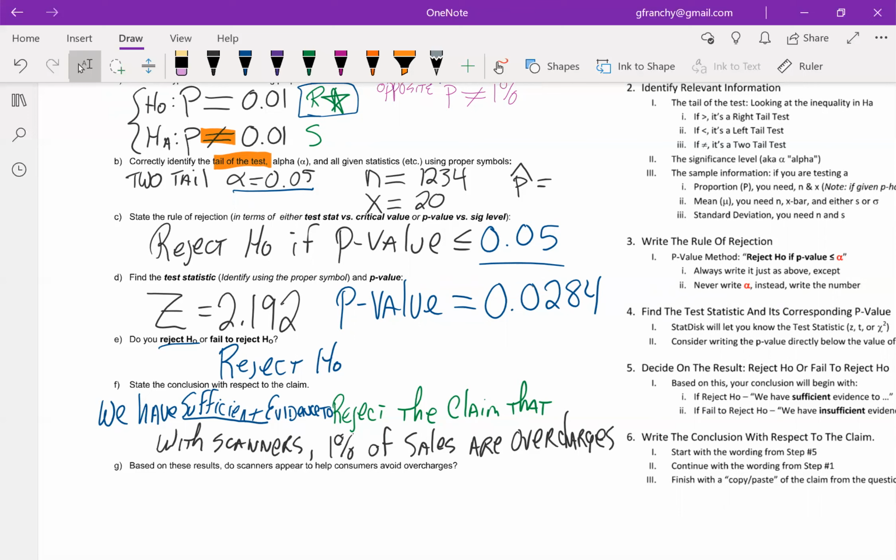We're positive, we're off to the right. We ended up with a higher percentage of overcharges than what we started off with, the idea that it was 1%. So yeah, there is a difference with scanners than there was keying in things by hand, and it didn't actually make things better. Apparently, it made things worse.